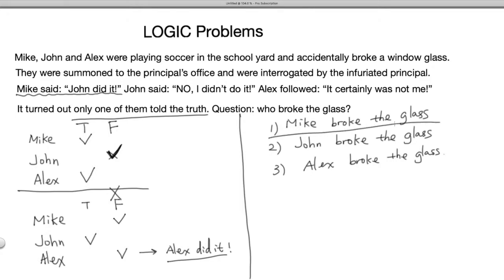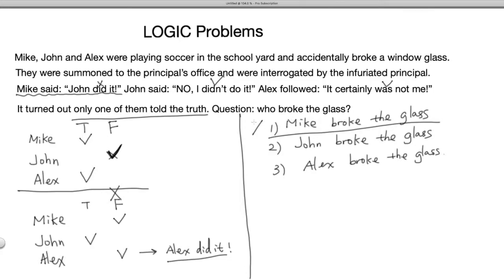Let's see. Mike broke the glass. So John did it, that's a false statement. John said, no, I did not do it. That's correct. Alex followed, it certainly was not me. That's also correct. So that is not consistent with the fact that only one of them told the truth.